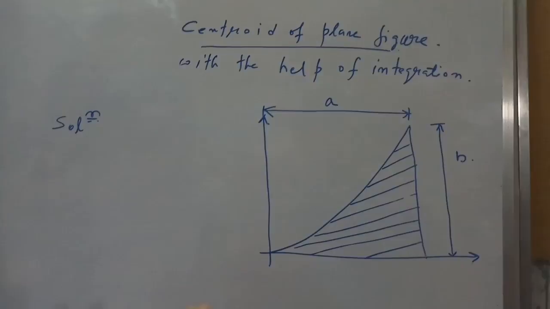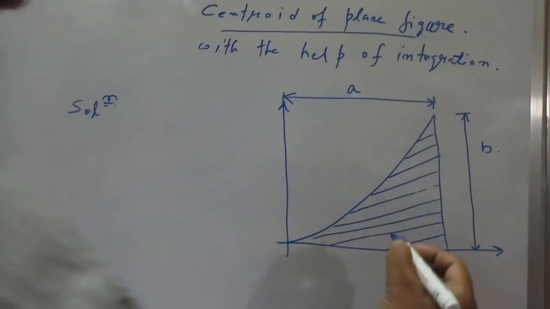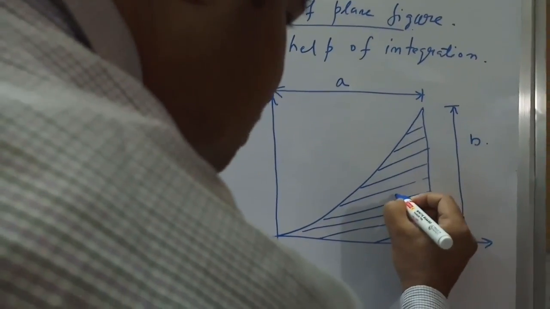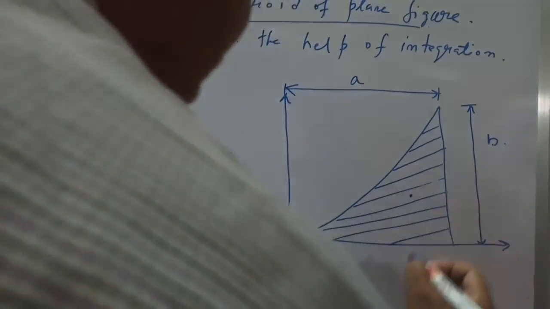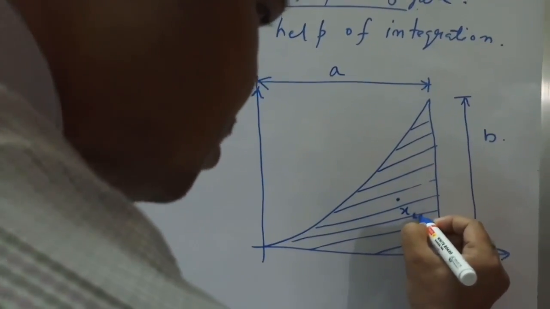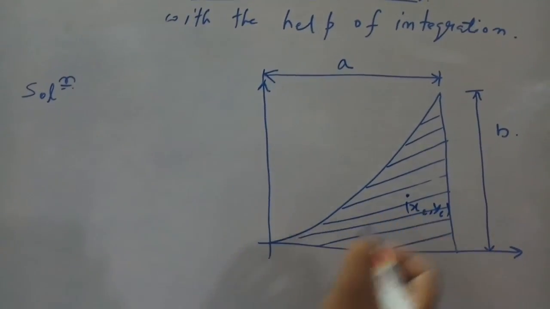Now this is the figure. We will find the centroid of this original figure. The centroid of this figure is maybe at this point, and the coordinate of the centroid of the original figure is xc, yc.